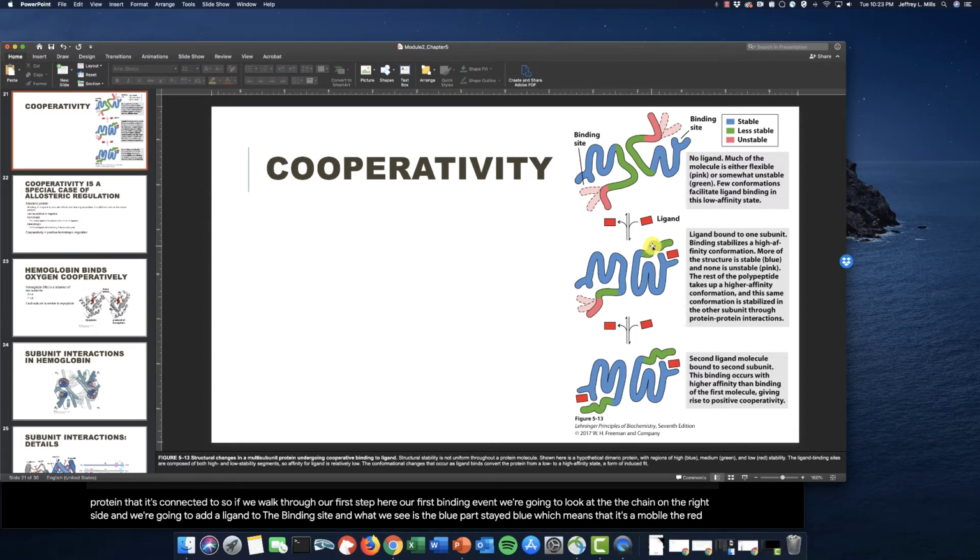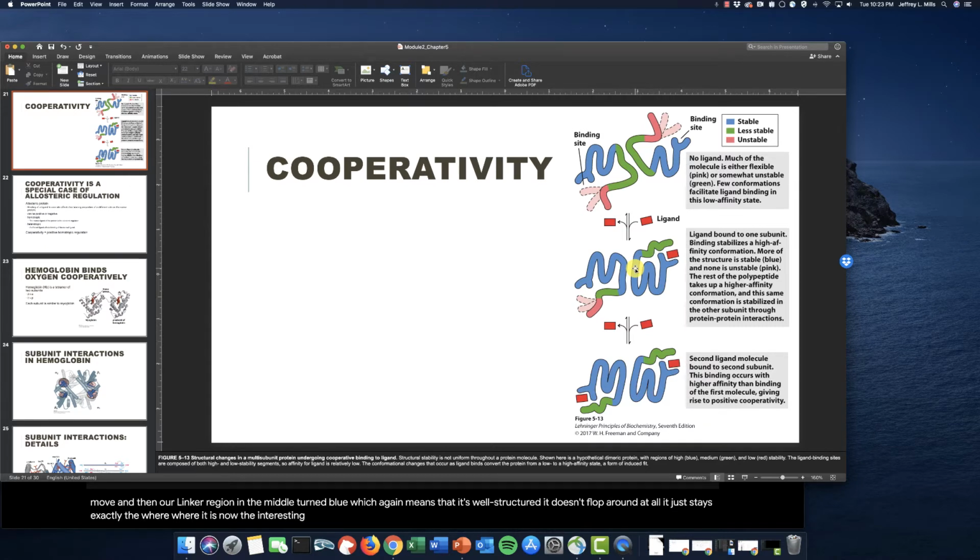The red part turned green, which means that it still has a little bit of flexibility, but it definitely has some defined structural regions that don't move. And then our linker region in the middle turned blue, which again means that it's well structured. It doesn't flop around at all. It just stays exactly where it is.